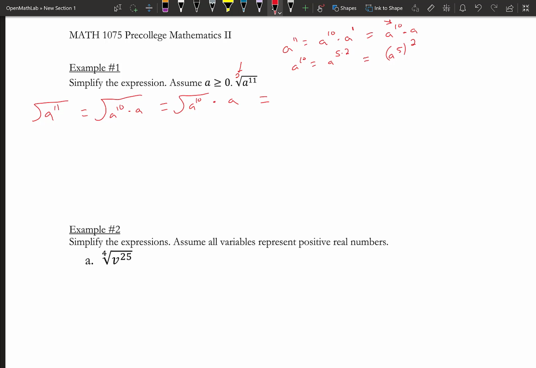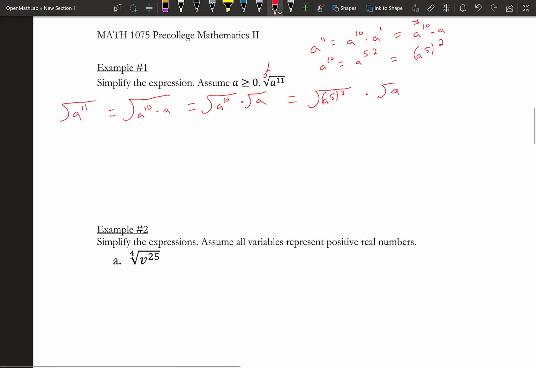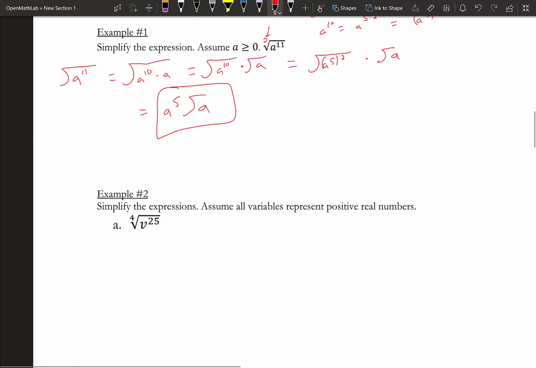So this would be the square root of a to the 5th quantity squared, times the square root of a. The square root gets rid of the square, so this becomes a to the 5th times the square root of a, and that's as simplified as we can get.